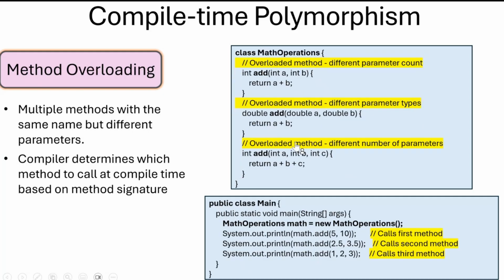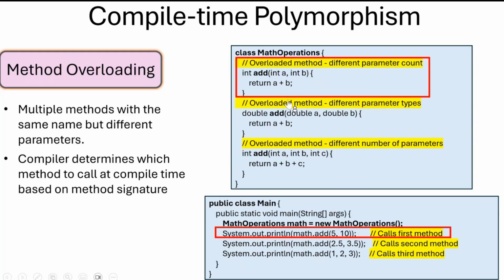So when the call happens in a code, the compiler is already aware based on the method signature. Okay, this is passing two parameters of type int, so it will be connected to this first method. So this method call and the definition of the method, that connection is already there, right? We can see that it is already defined in a code. So this is known to the compiler.